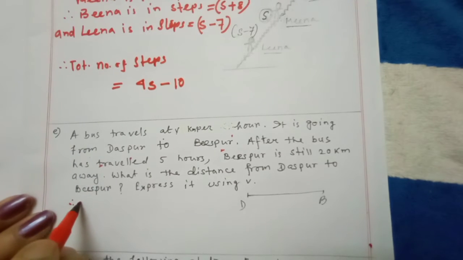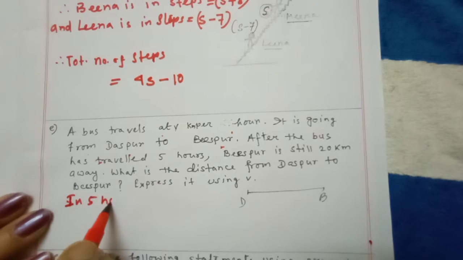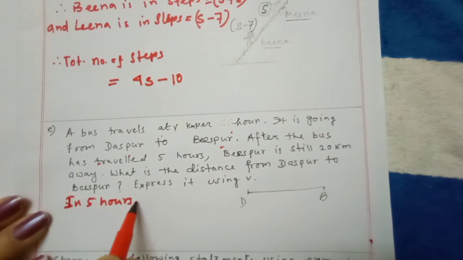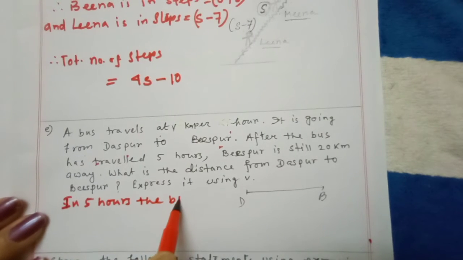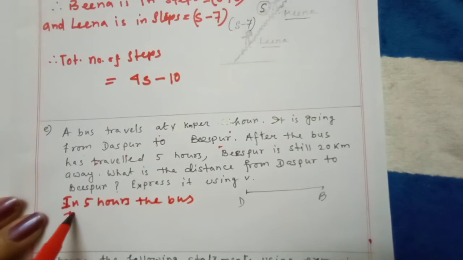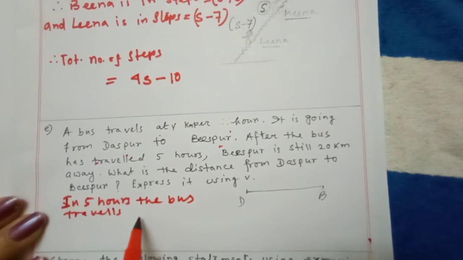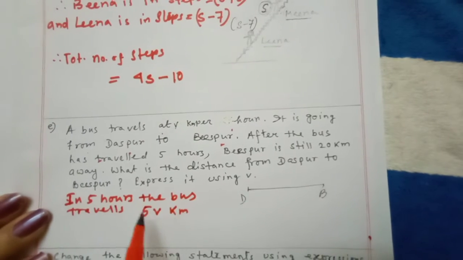Therefore in 5 hours, the bus travels 5V kilometer.